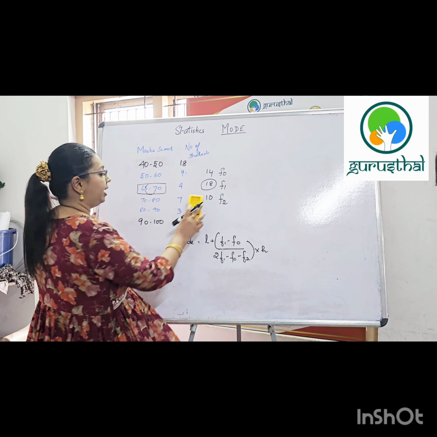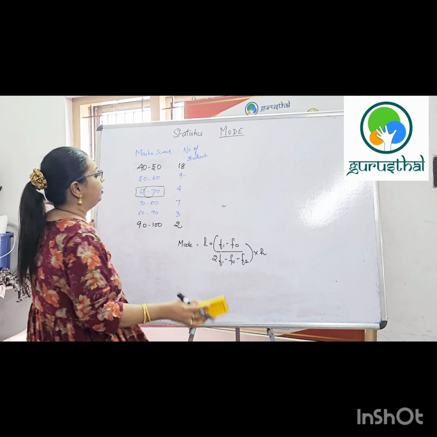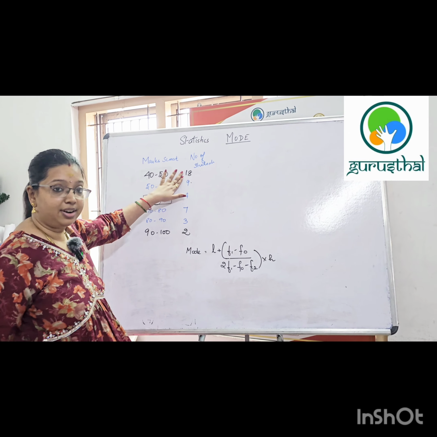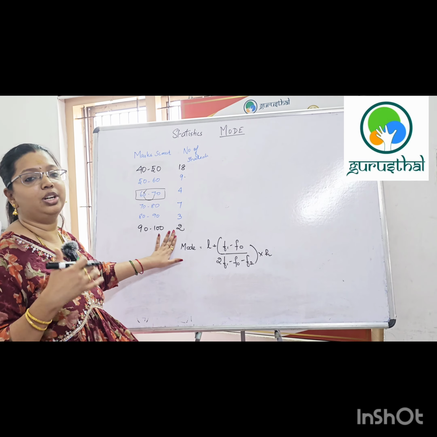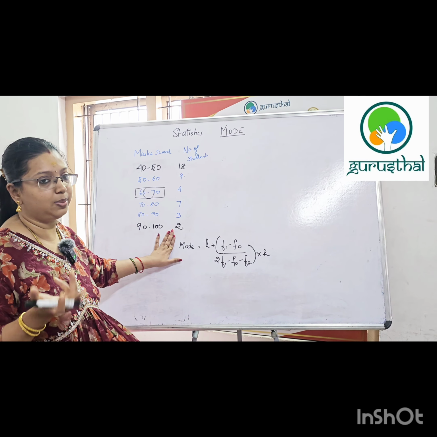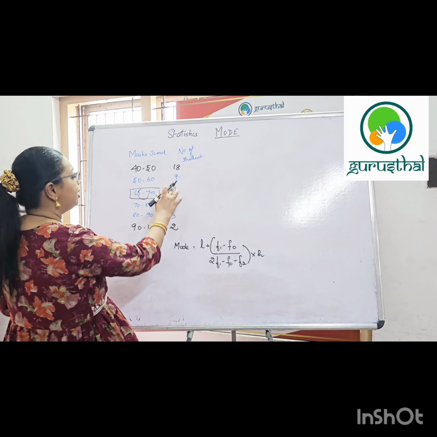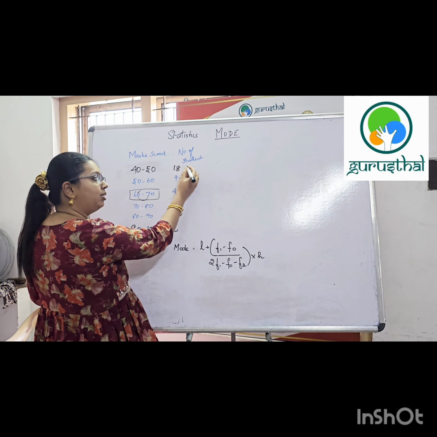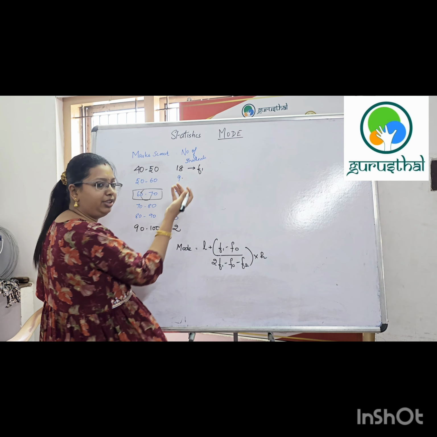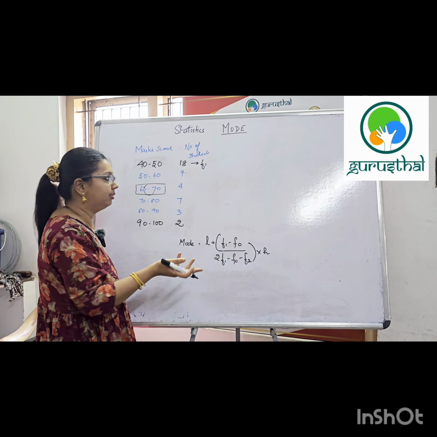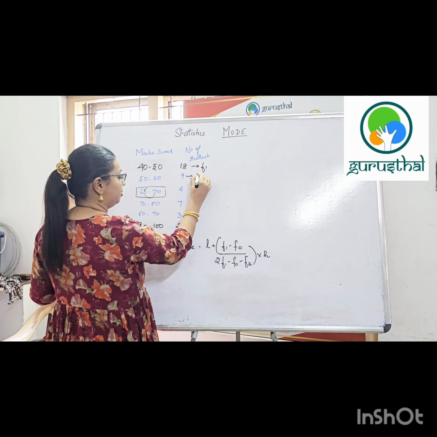But if the highest frequency comes in the first or in the last class, how are we going to do the sum is what the question is about. When the highest frequency comes first, obviously this becomes my F1, because the highest frequency is F1, and F2 becomes 9.